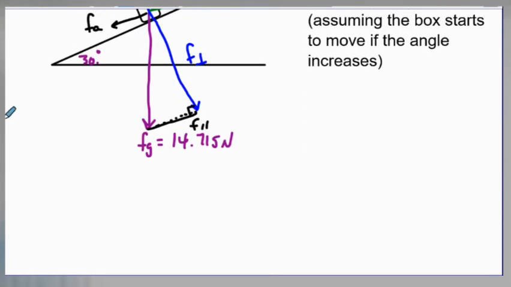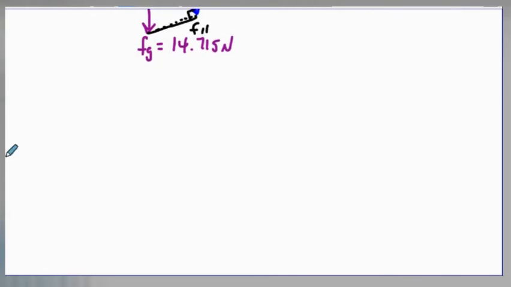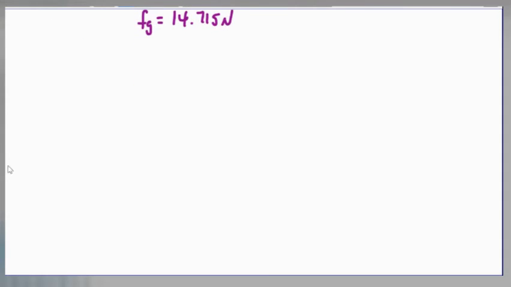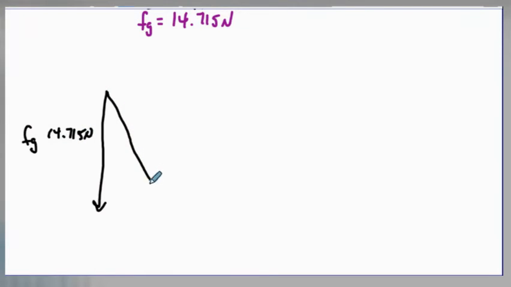Once again, I find it much easier if I redraw this triangle just a little cleaner, separate from my free body diagram. So once again, I have this force of gravity of 14.715 newtons. I have a force going this way, and I have a force going this way. This I'm calling perpendicular.